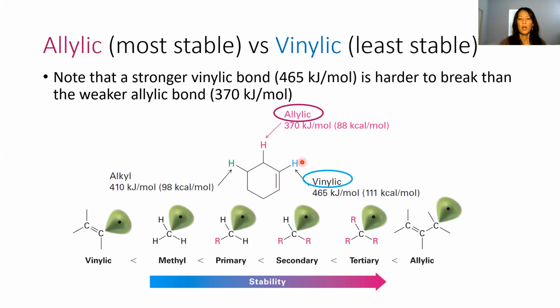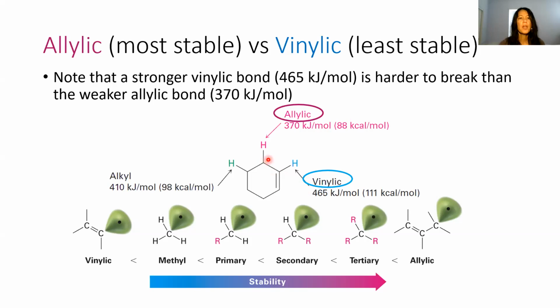So this is the worst because it's on an sp carbon. A radical would end up being sp hybridized. So there's more s character, and that actually works against radicals because radicals actually want more electron density, but more s character means you're closer to the nucleus and it feels more positive. So that's why vinylic radicals are the least stable in this scale.